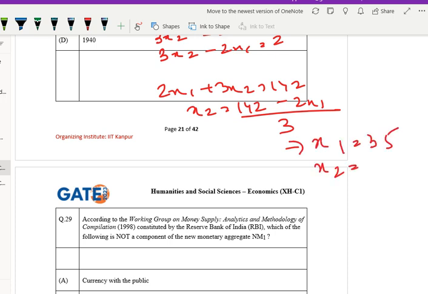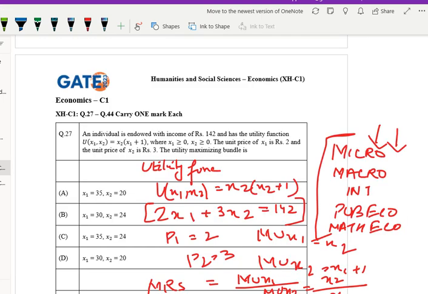Similarly, I can put this value in this equation and I will get x2, that is 24. And the utility maximizing answer will be x1 being 35 and x2 being 24. Okay, so this is your correct answer.